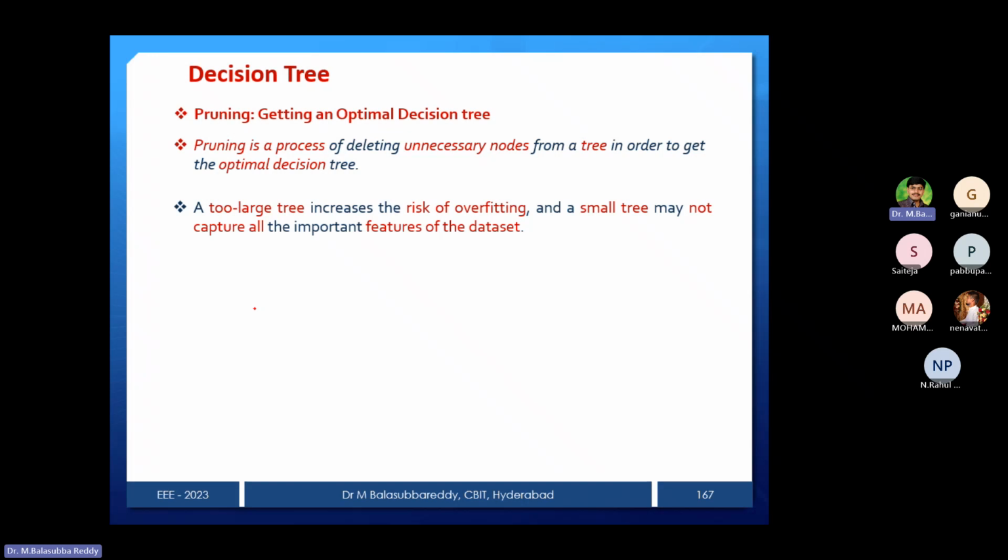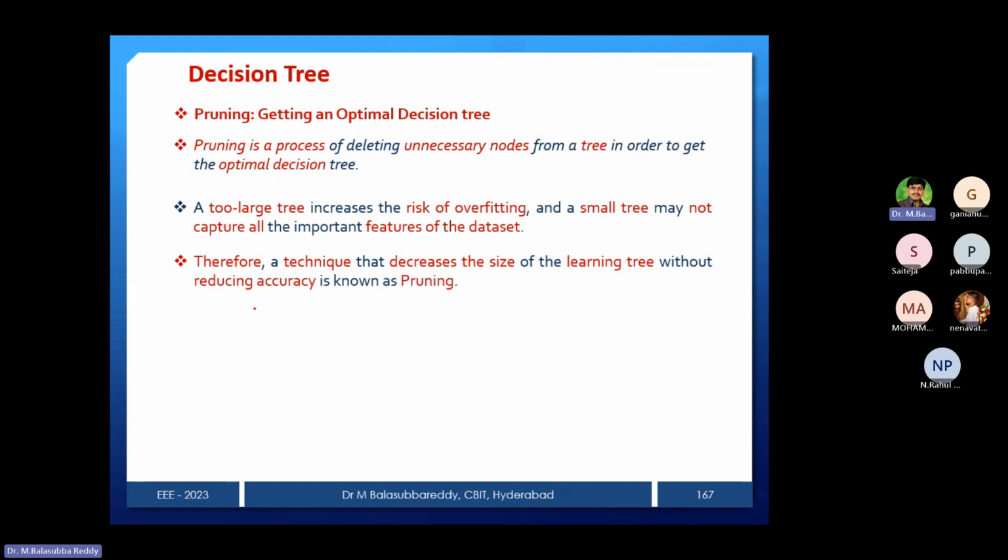So that is the reason we need to select the optimal decision tree. For that, pruning is a process to delete the unnecessary nodes. And therefore, a technique that decreases the size of the learning tree without reducing accuracy is known as pruning.